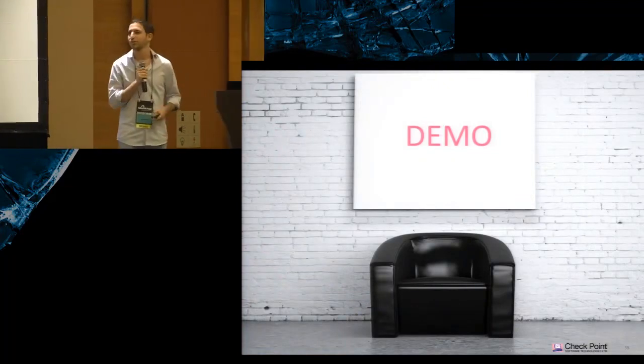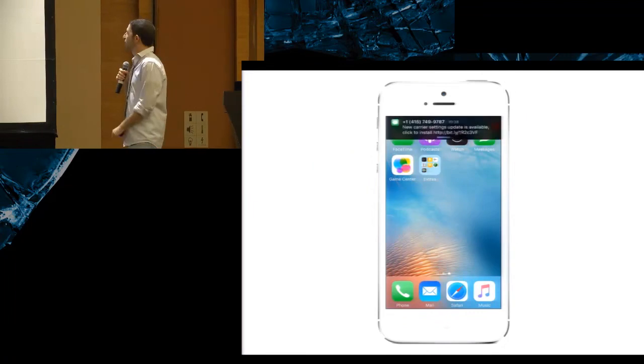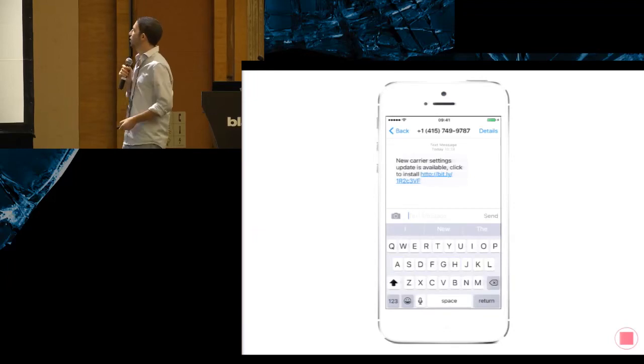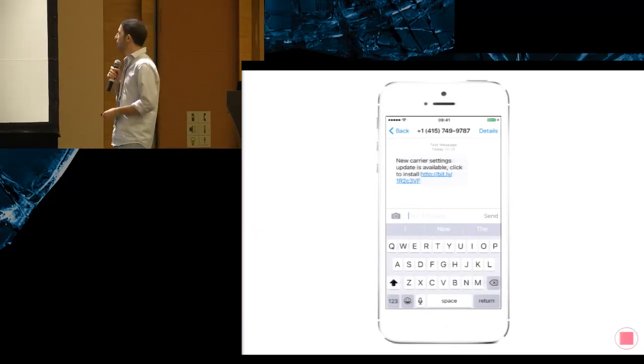Let's see a demo. At first, the user will receive a phishing SMS text message that asks him to install a configuration profile. As you can see, it's very simple, and the user won't even understand the precautions of what he's doing.